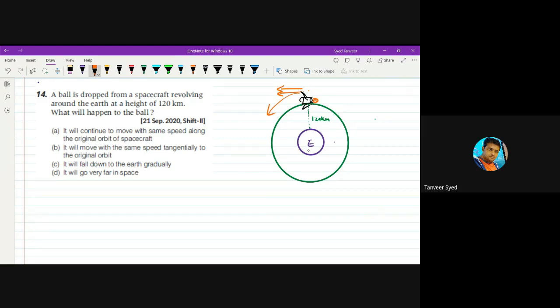Then it tries to go like this, but Earth pulls it towards it. It changes its direction. Earth pulls it, changes its direction. So finally, the ball will also start to revolve around Earth along with the spacecraft in the same orbit. This will happen. So it will continue.